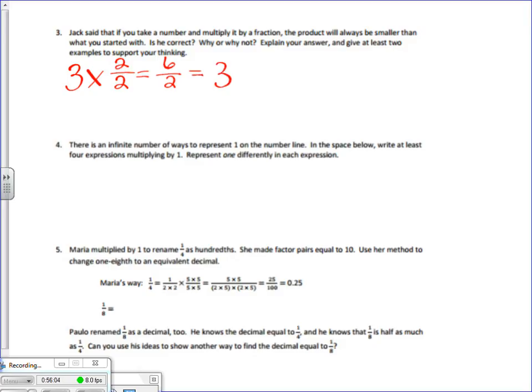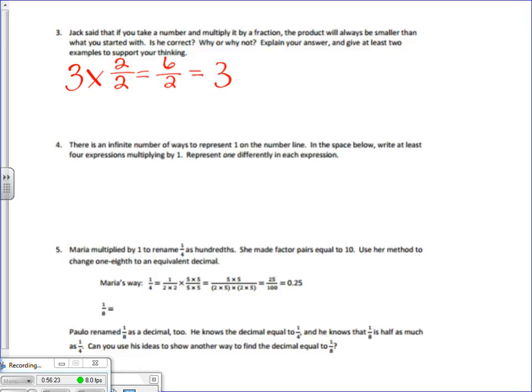Oh, because it's 3 times 1 whole, which is basically going back to the whole, right? So I'm multiplying it by a fraction that's essentially equal to 1. Yeah. 2 halves is equal to 1 whole, but it's still a fraction.